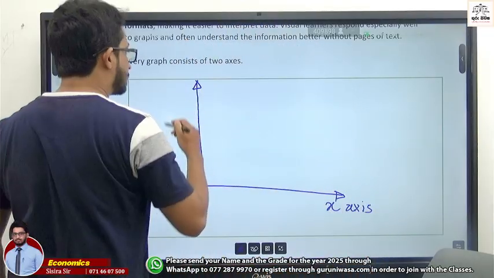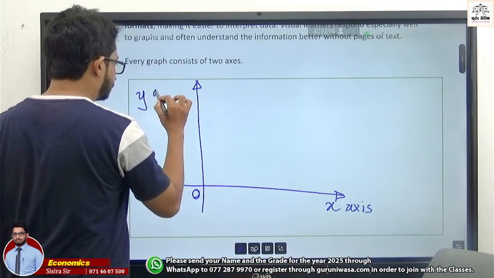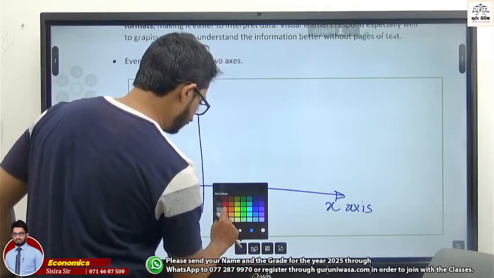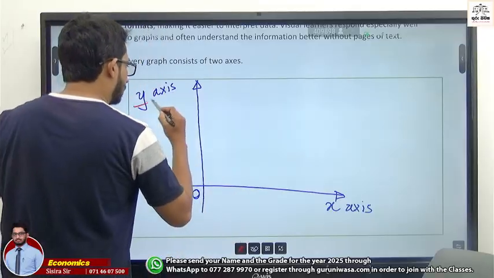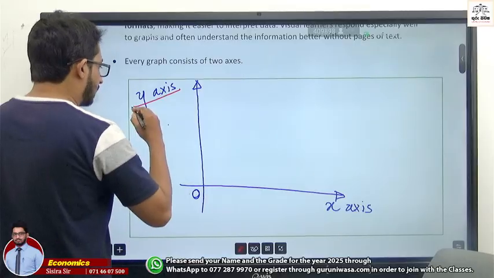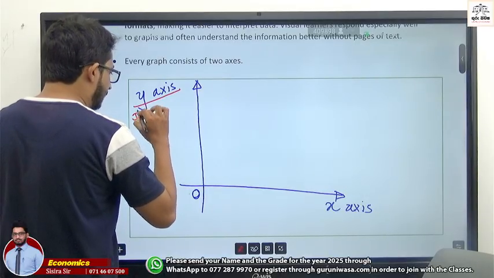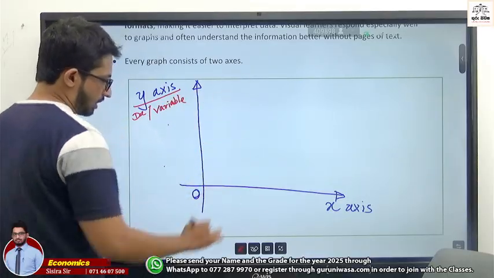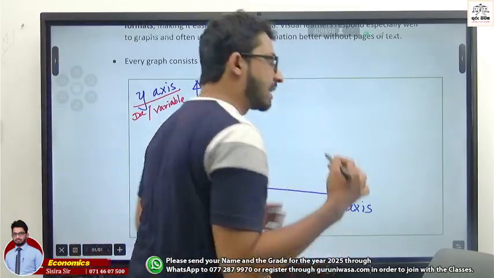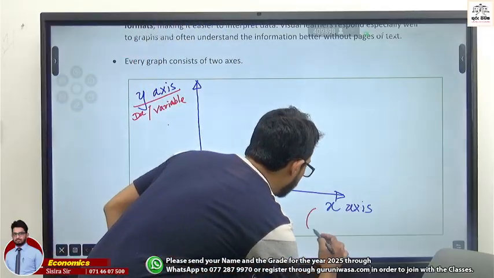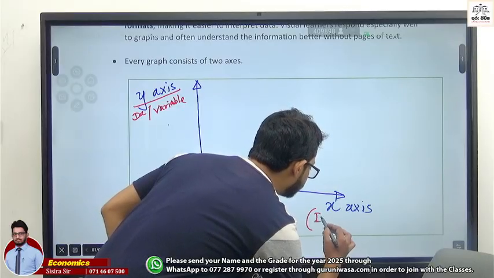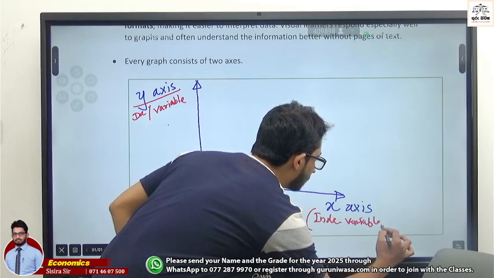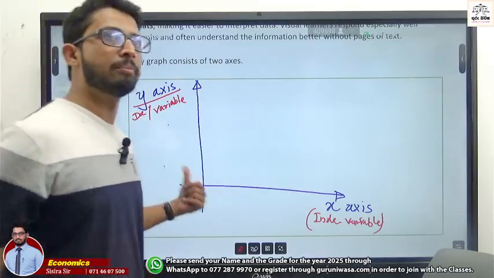This is the y-axis. The x-axis stands for the independent variable. Independent. Let me write this down and remember this.